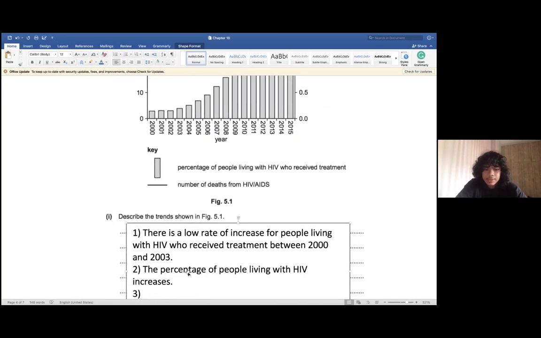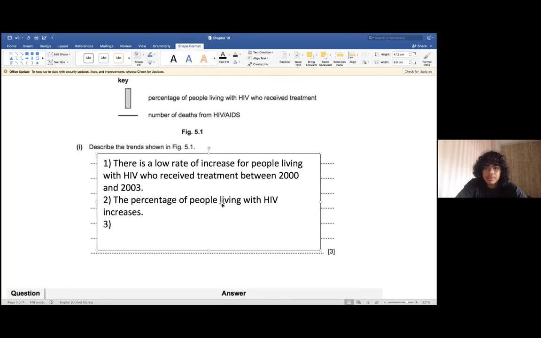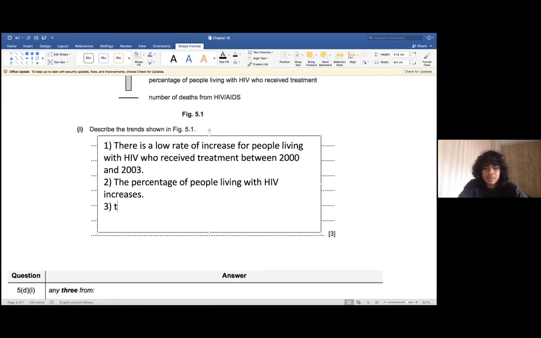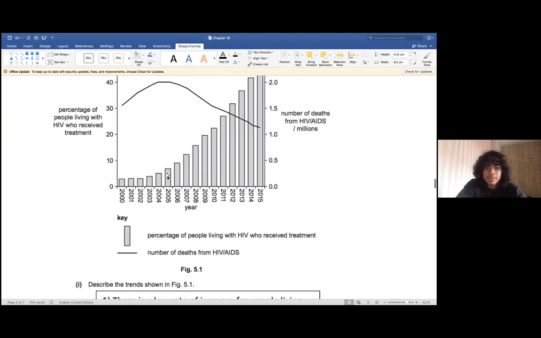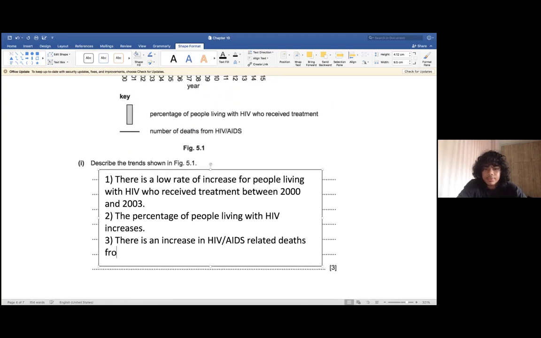So you can say increase in HIV related deaths from 2000 to 2004. And then it decreases.